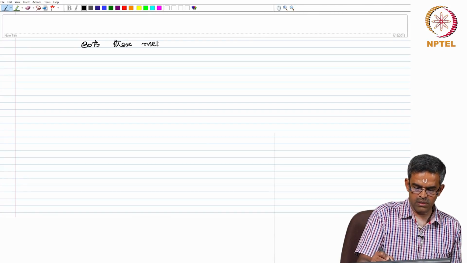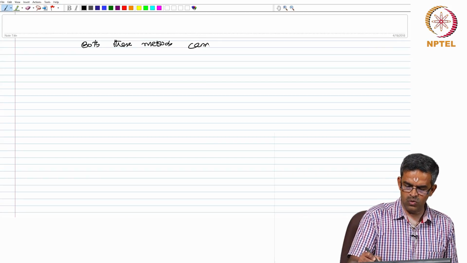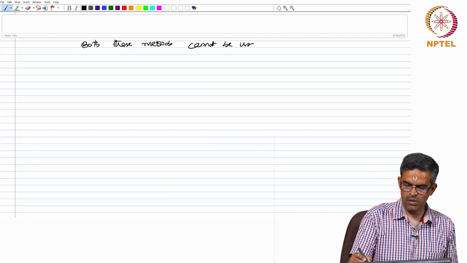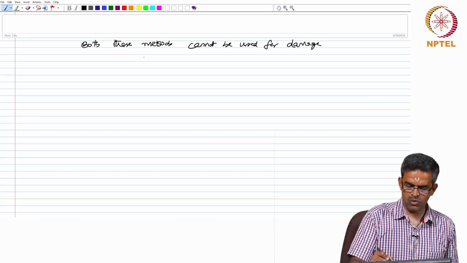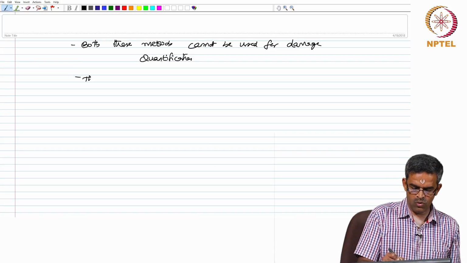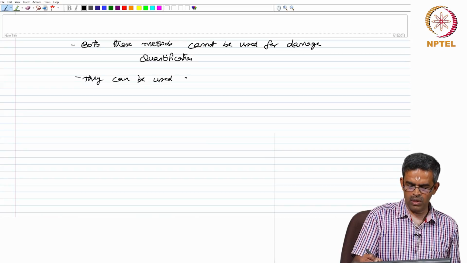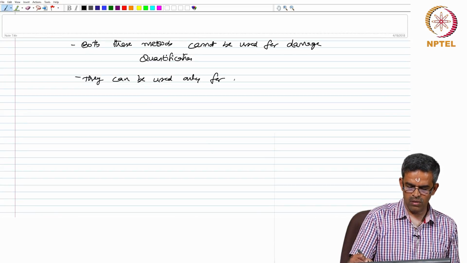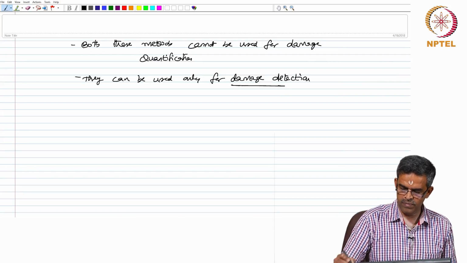Both these methods cannot be used for damage quantification. They can be used only for damage detection. That is very important.